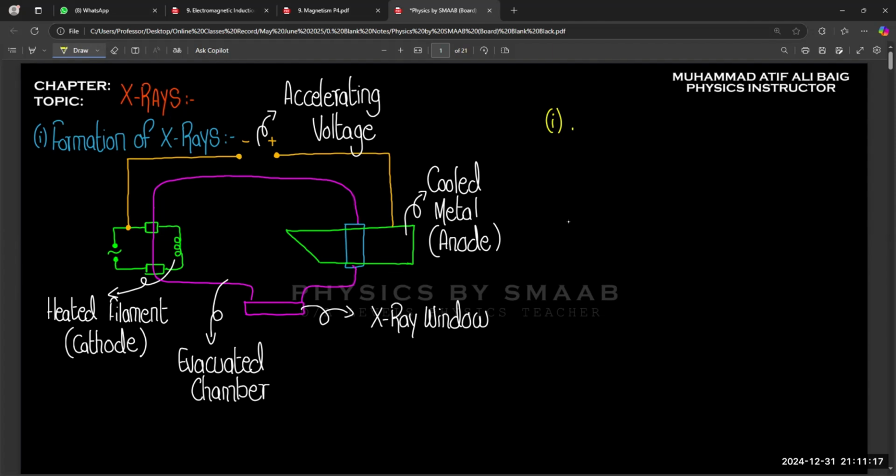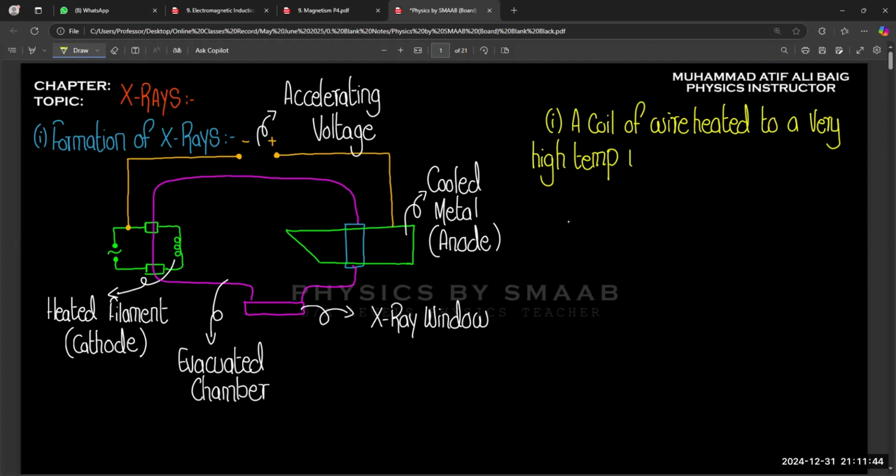So the first thing is a coil of wire heated to a very high temperature. When it's heated to a very high temperature, in simple words, consider the concept of evaporation.